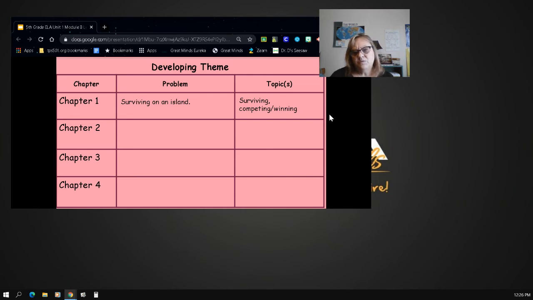Then in chapter 2 and 3, we saw the problems getting worse, right? The topic still being surviving, competing, but then also making foolish mistakes. And the tension between the families, oh my.